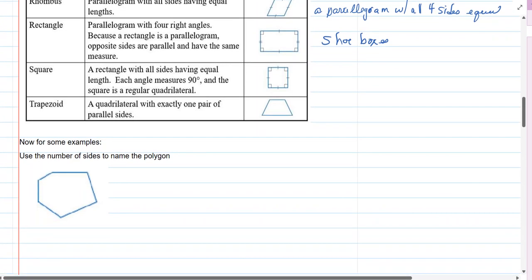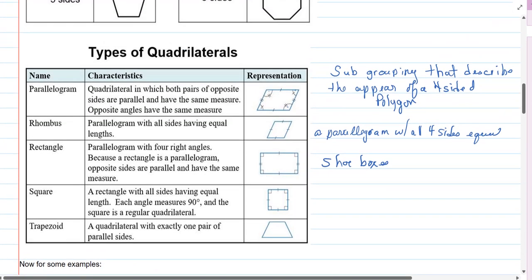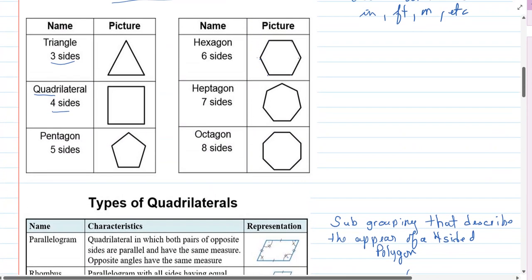Now we're going to do an example. We're going to use the number of sides to name the polygon. So we're going to count them. 1, 2, 3, 4, 5, 6. 6 sides. So this is a hexagon.